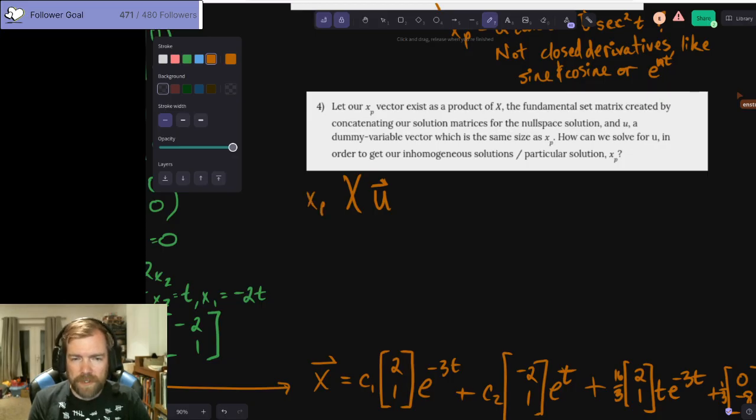Okay, so we're going to let our x sub p vector, our particular solution, be this capital X vector times u, which is again a dummy variable for us, with exactly the same size as our particular vector x sub p. Then we want to figure out how we can solve for u in order to back ourselves up and get the inhomogeneous solutions, or the particular solution, x sub p.